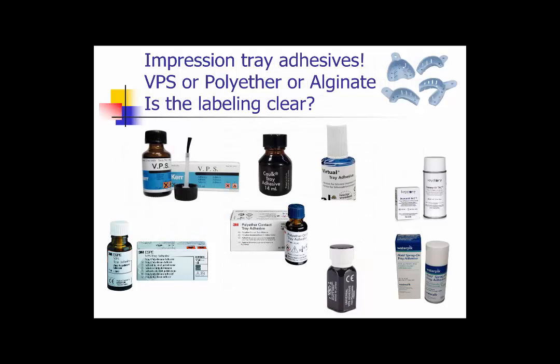And then if you're using a plastic disposable tray, whether they be perforated or solid, we're typically using a tray adhesive on it. Whether it be a vinyl polysiloxane or a polyether or an alginate, is the labeling clear? And you can see on the left-hand side, VPS is listed on the Kerr box. VPS is listed on the 3M box.